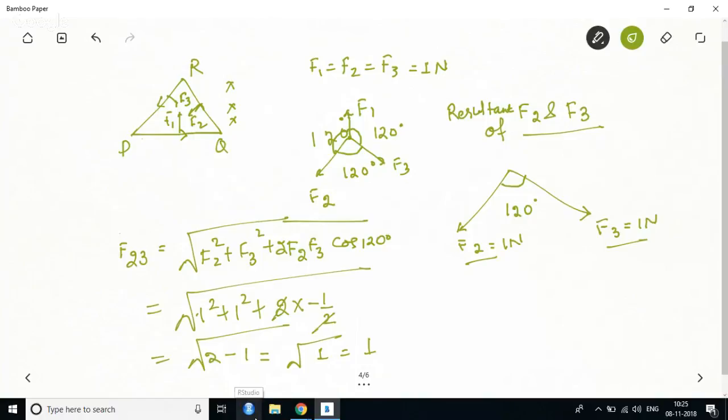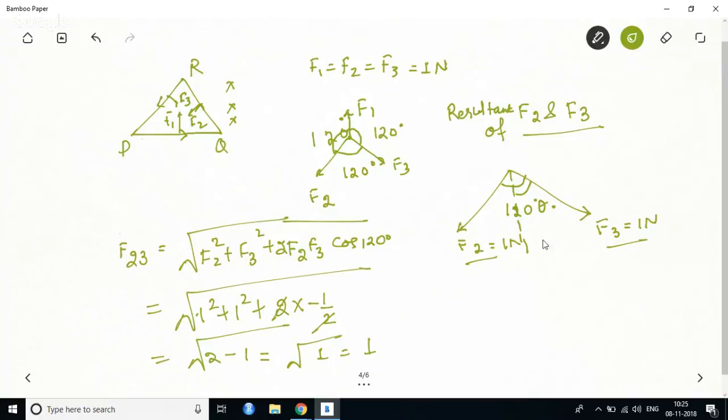Now what would be the angle? So for angle, I told you, suppose I am assuming F3 to be base angle. So if I assume F3 to be base angle, suppose I am calculating this angle theta.